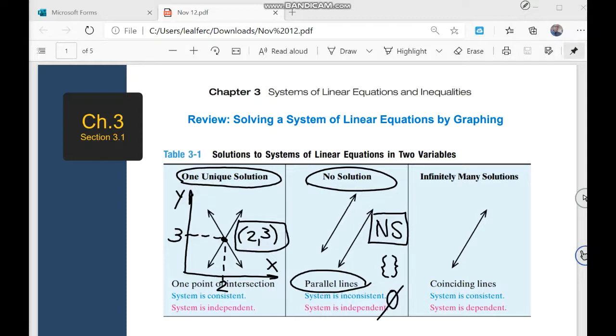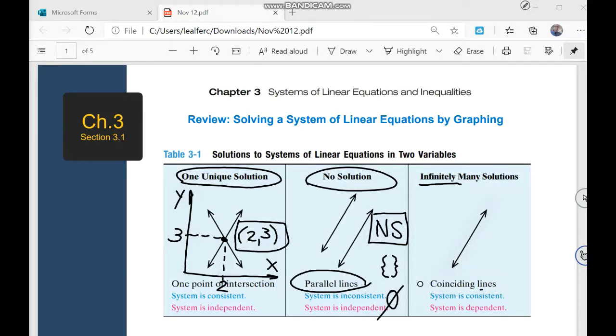And the last situation, the third situation that you're going to find is this one, where you have infinitely many solutions. That means infinite solutions. When the lines are coinciding, or coincident, one line on top of the other. They are in the same place, the same spot. They are actually the same line.